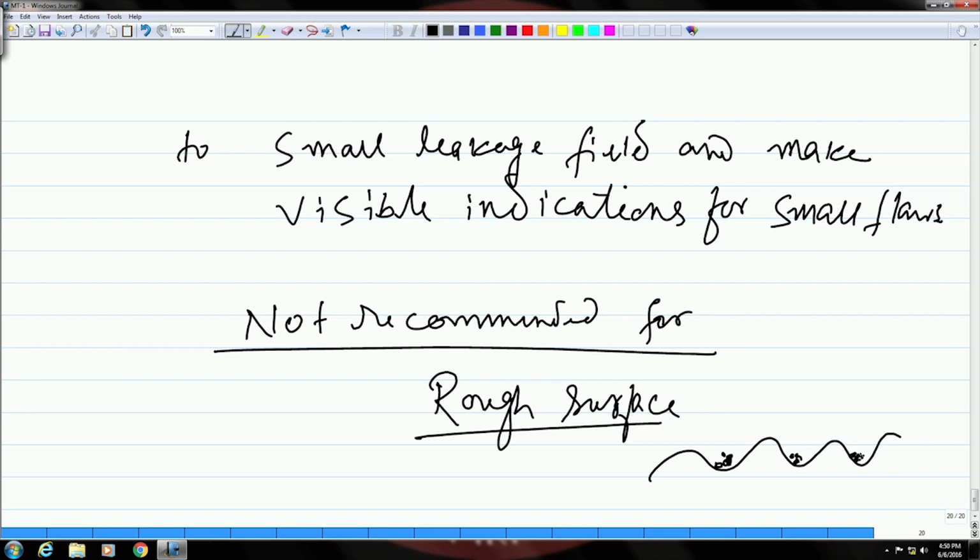So, their mobility will be affected. Mobility is adversely affected, because these particles would tend to segregate along the valleys on a rough surface.